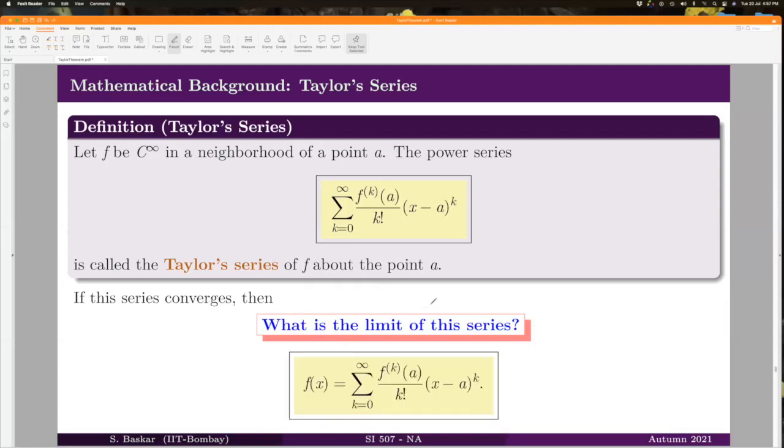Well, from the basic theory, we can see that if this series converges, then its limit will be f of x, because it is written at the point x here. Therefore, it is f of x.